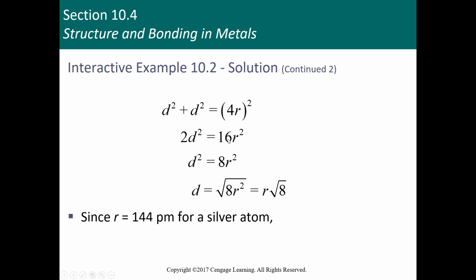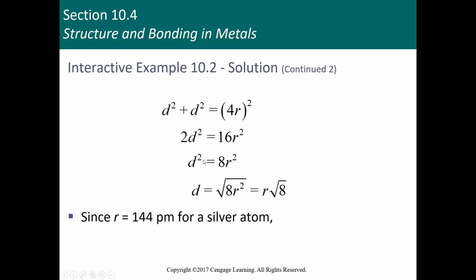And so we add these to give us 2d squared. This right here, we square 4. 4 squared is 4 times 4, 16. And we square r, and r is going to be r squared because we're not going to solve it yet. We then divide by 2, and that gives us 8 here.